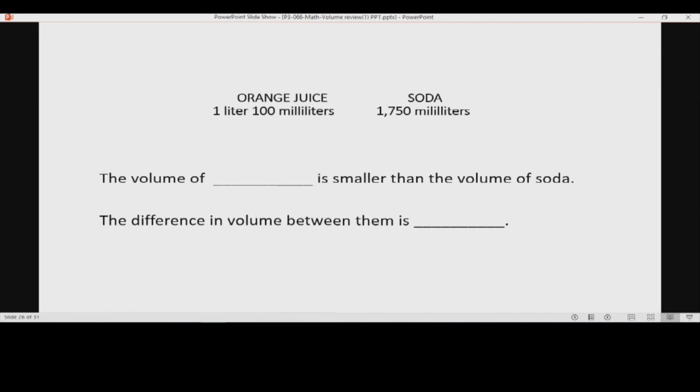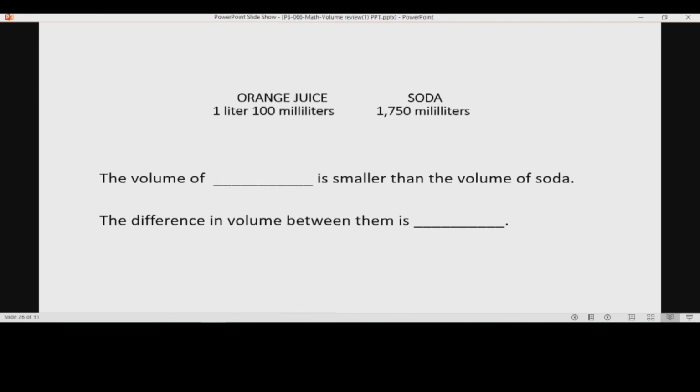What do we do? We take the largest amount, 1,750 milliliters, minus the smallest amount, 1,100 milliliters, equals 650 milliliters.